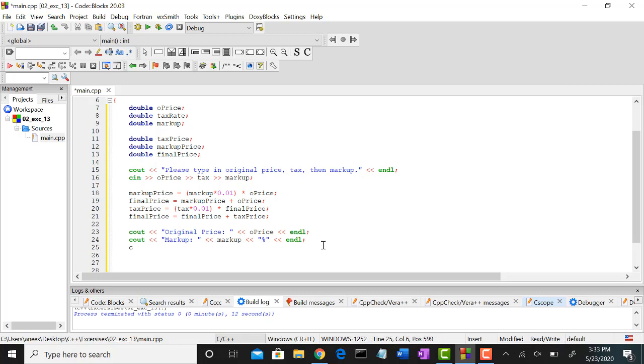Now here's the markup price. cout markup price. Oh, and here I will put a dollar sign.